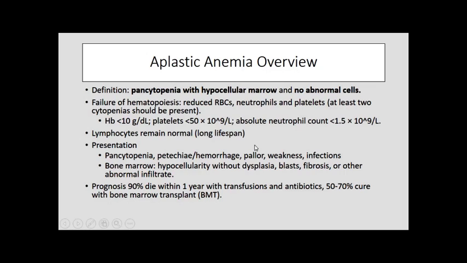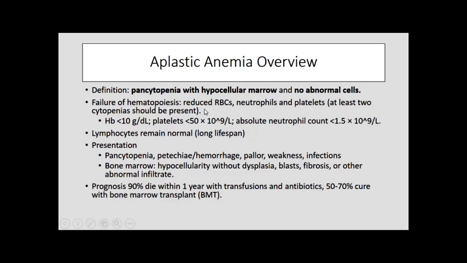Remember, some lymphocytes can live decades. We are talking about a process that stops making new cells, but the ones that already exist will remain in normal numbers unless something else comes and destroys them, like HIV or any other thing. So you have low neutrophils, low platelets, and a low level of hemoglobin.